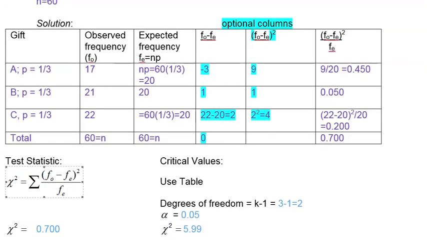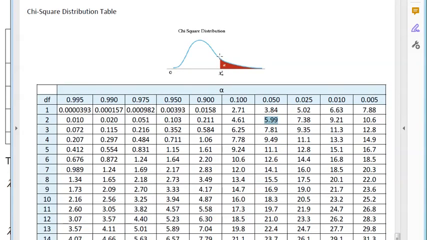That's the critical value. So remember, looking at that from the do we reject the null hypothesis perspective? I'm going to go back to where we have our diagram. So the 5.99 is our cutoff line here. Our test statistic was 0.7, so that's going to be somewhere over here, because remember, this doesn't go into the negatives. So we're nowhere close to our critical region.